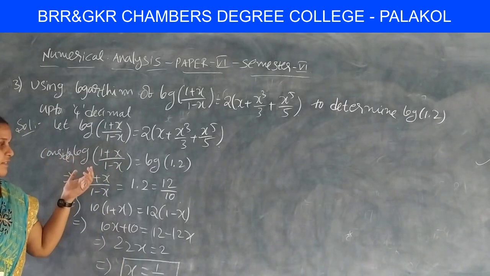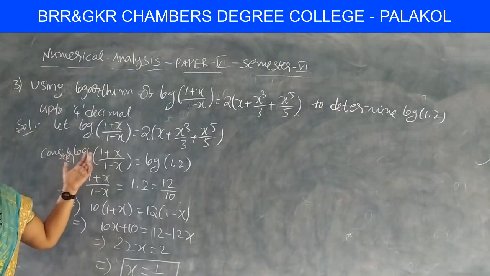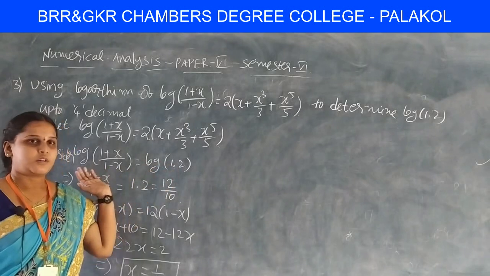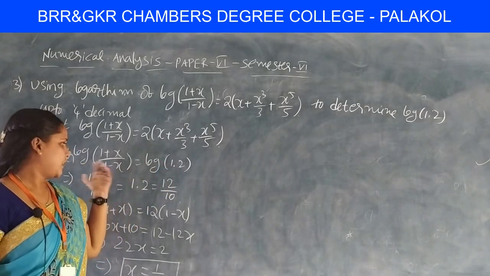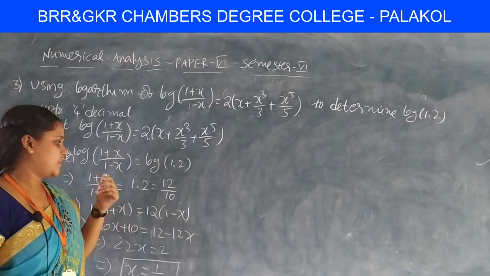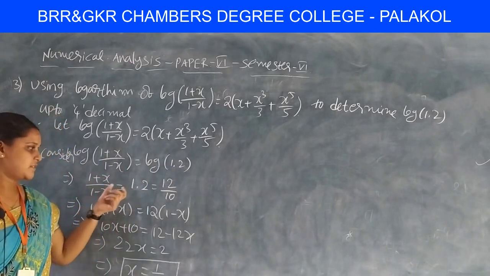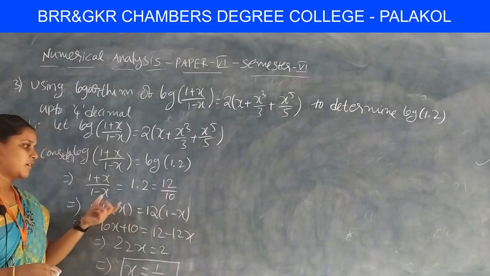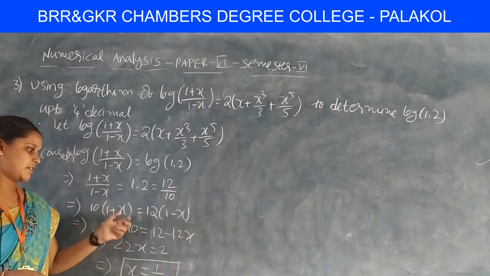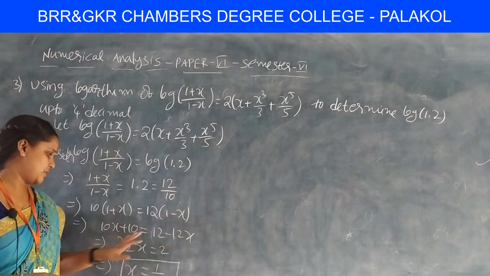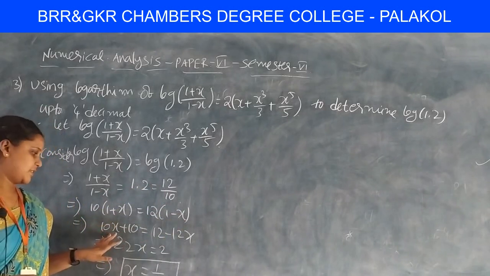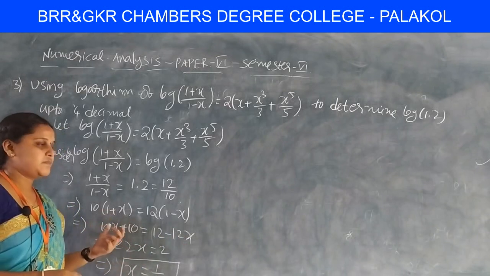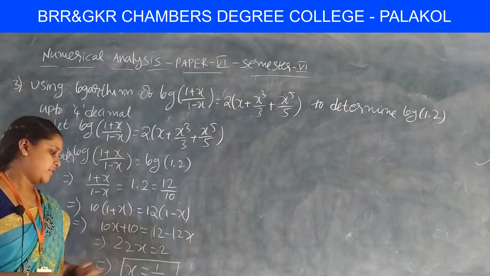So first consider the logarithm values. Log (1 plus x) by (1 minus x) is equal to log 1.2. Now cancel off the logarithms on both sides. (1 plus x) by (1 minus x) is equal to 1.2. 1.2 is nothing but 12 by 10. Cross multiplication, 10 into (1 plus x) is equal to 12 into (1 minus x). 10x plus 10 equal to 12 minus 12x, 22x equal to 2.